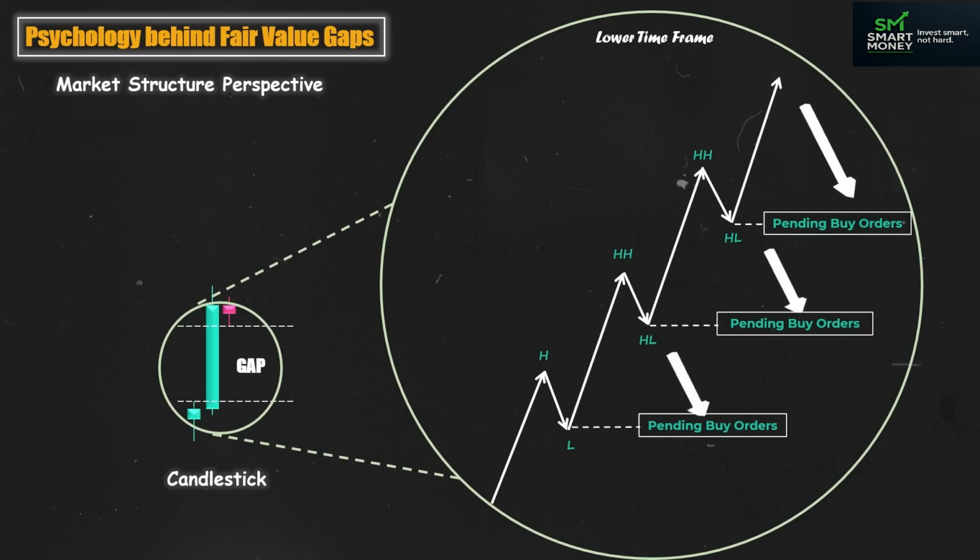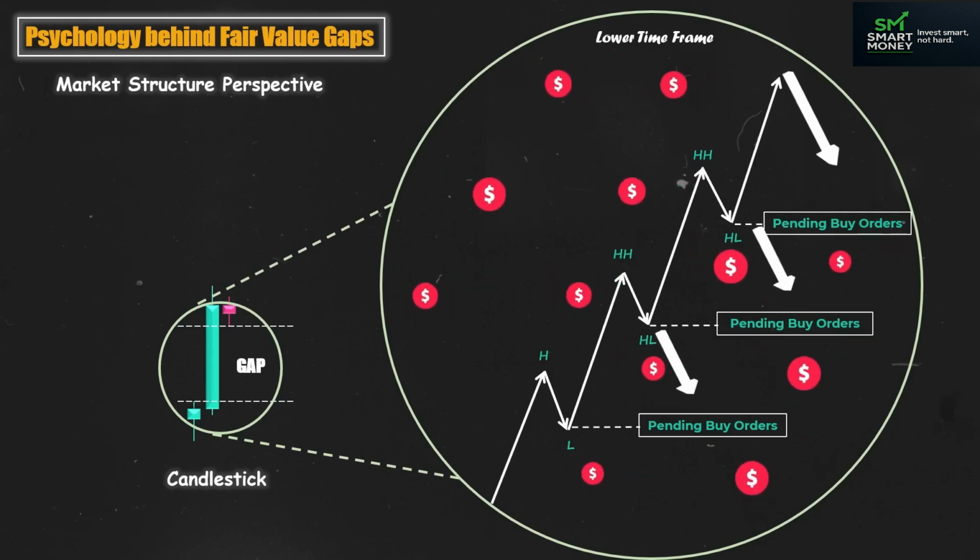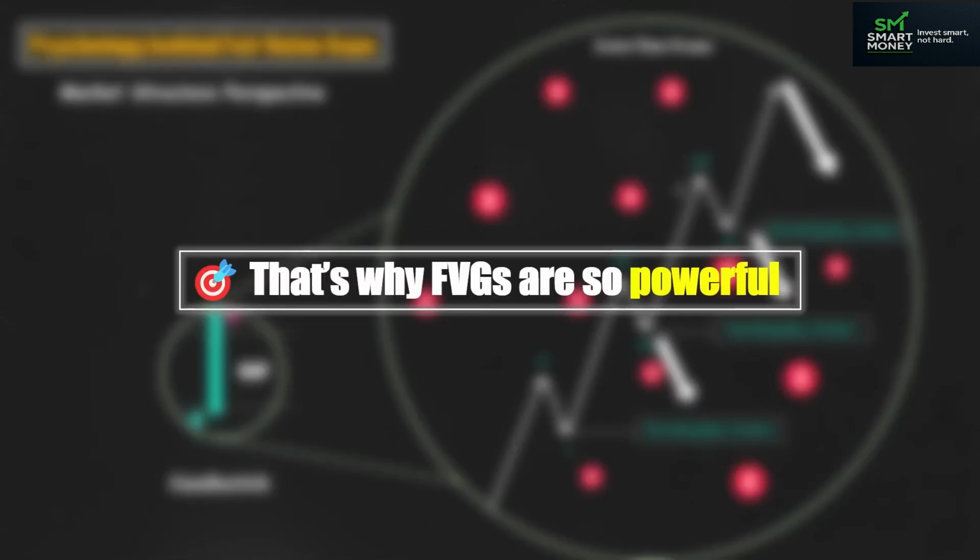It comes back, taps into the FVG, sweeps those pending buy orders, fills the imbalance, and then resumes the trend with renewed strength. That's why FVGs are so powerful. They're not just technical gaps, they're liquidity magnets formed by real trader behavior. Understanding this gives you an edge. You're not just trading the pattern, you're trading the reason behind the pattern.